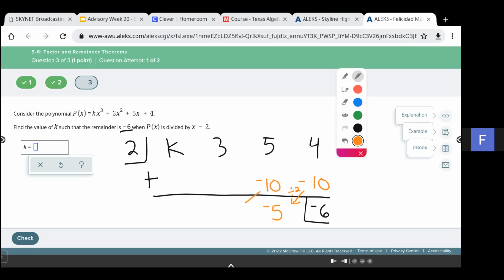So then I'm going to again divide by 2, which would get me negative 5 yet again. 3 minus something gets me negative 5, so I'm going to subtract 8. I need to divide that by 2. Negative 8 divided by 2 is negative 4. And since we do bring down our first term, that would tell me K is negative 4.